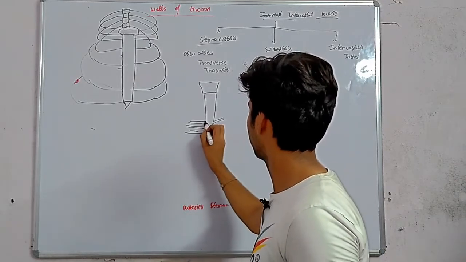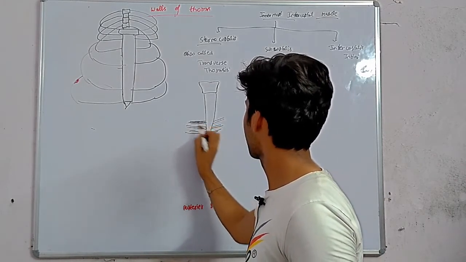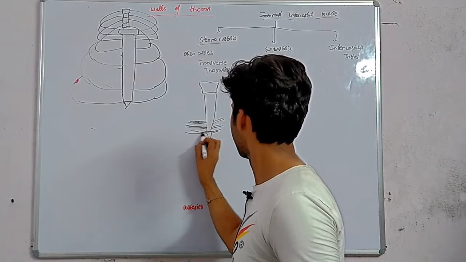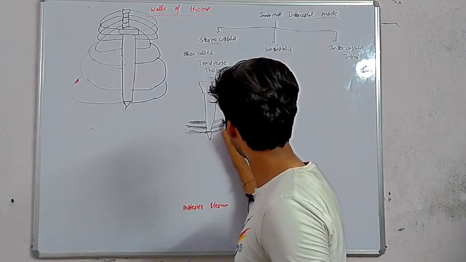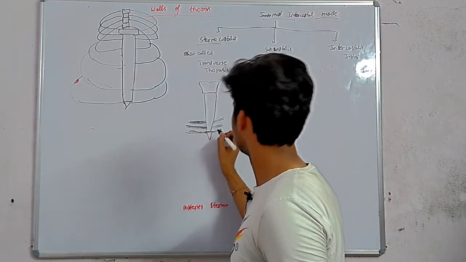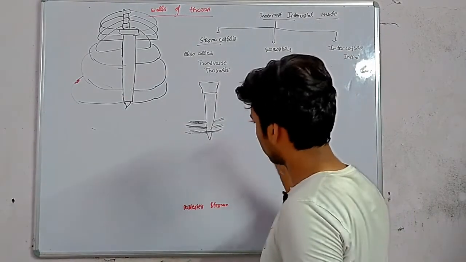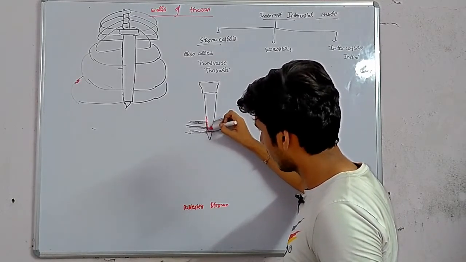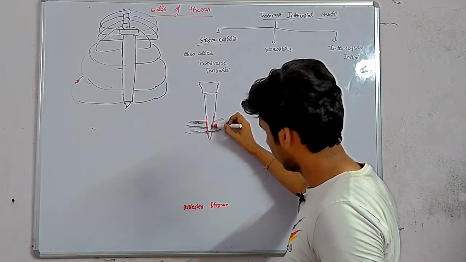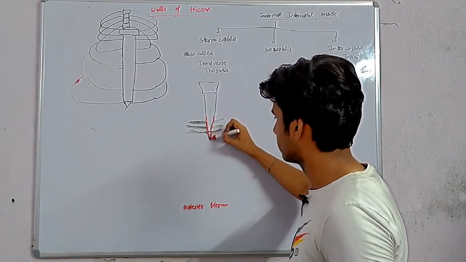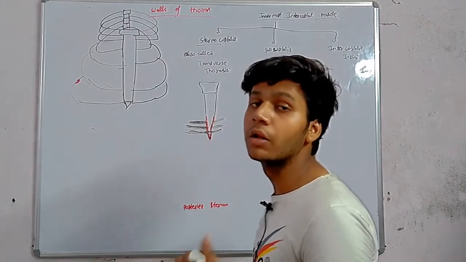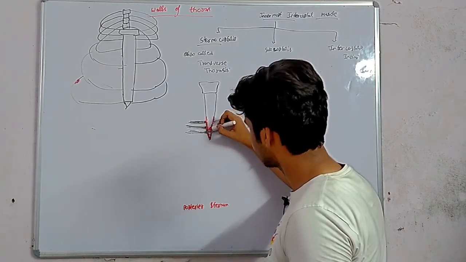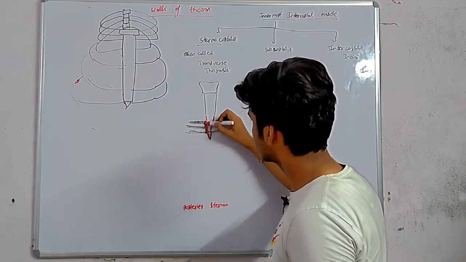Done. It arises from the lower aspect of the inner surface of the sternum, xiphoid and xiphoid process, and some lower rib costal cartilage, mainly T7 to T12. These ribs' costal cartilage. Done.